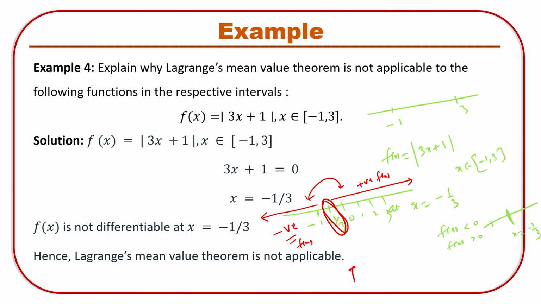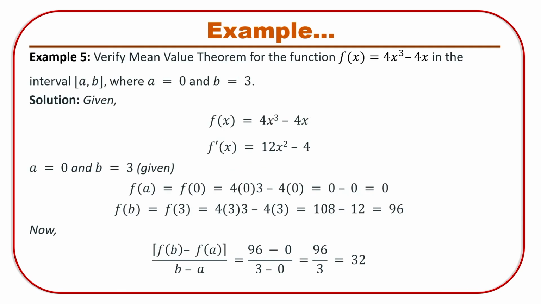So that means f(x) equal to |3x + 1| is not differentiable at the point x equal to -1/3. And where does -1/3 lie? It lies in the interval -1 to 3, that means in the interval a to b, and hence the Lagrange mean value theorem cannot apply here.